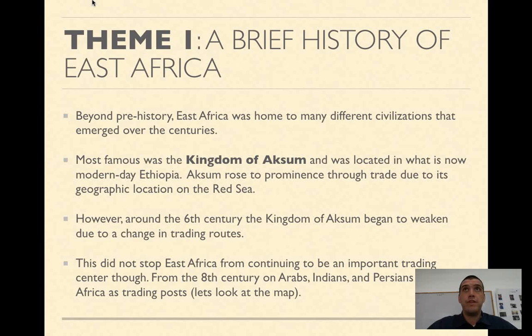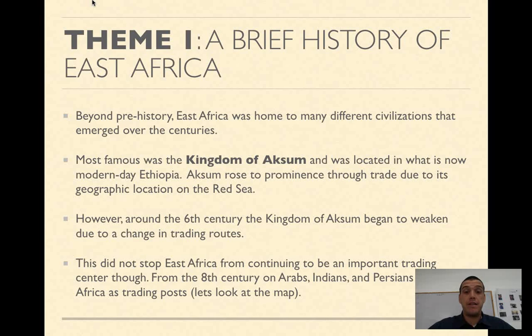So that was one of the reasons why the Aksum Empire weakened, because people were taking their goods through alternate routes. I mean, that's just one factor. There were other civilizations that began to emerge around them that challenged them. Another reason too, but the combination of this led to the weakening of the Aksum Empire.